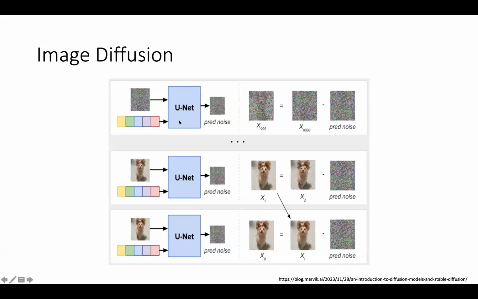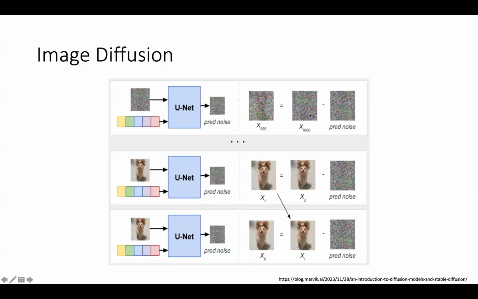Given this embedding as an input, and the latent vector that we sample from a normal distribution as an input to the pre-trained UNet, we try to predict the noise, and then we subtract the noise from the latent vector that we take. Let's say x1000 is the latent vector that we assume from a normal distribution, and this is the noise predicted.